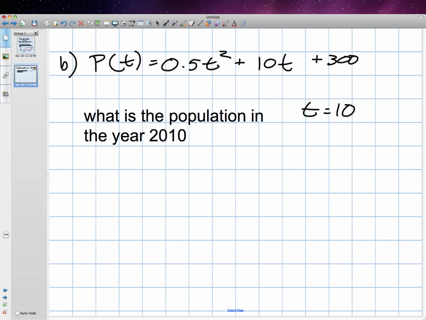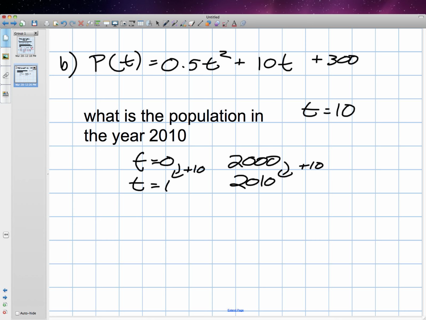And what we can do here is, remember, we're going to make this like a ratio question. When T was equal to 0, we were in the year 2000. Okay? Now, 10 years have passed. We're now in 2010. So they added 10. So we need to now add 10 to our t to figure out what t is equivalent to 2010. So in this case, it's just the number 10.